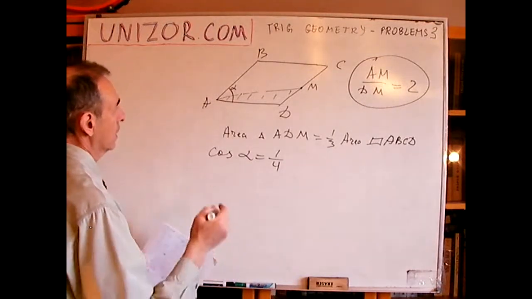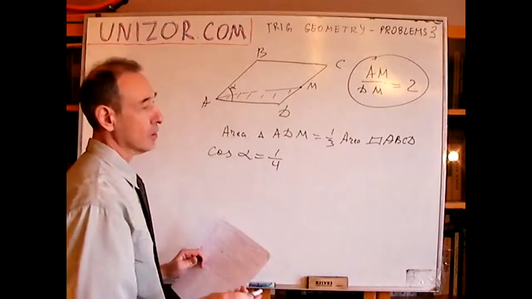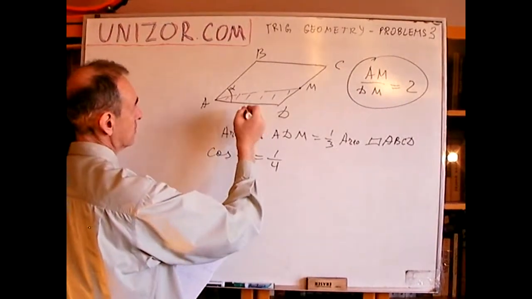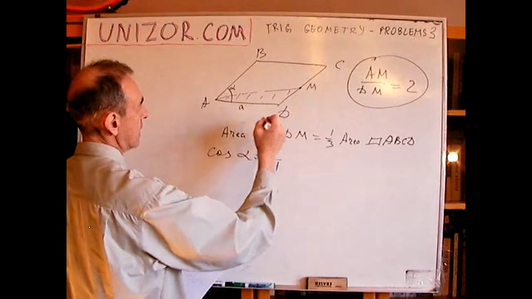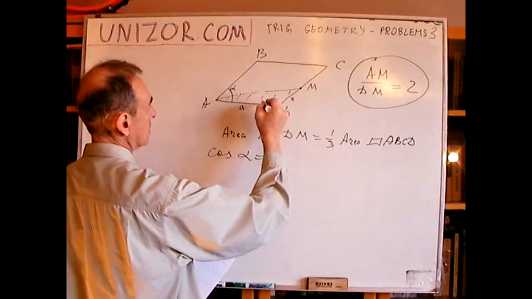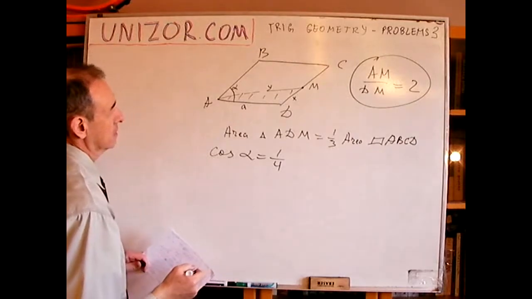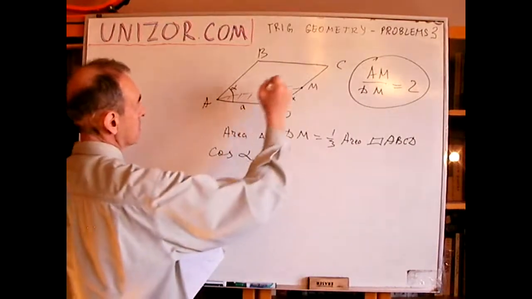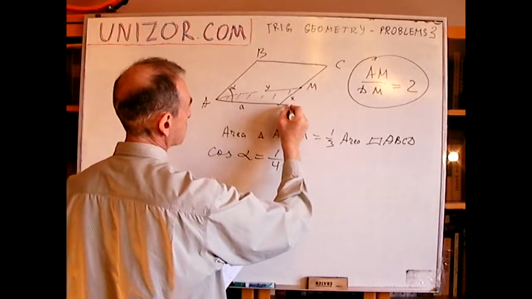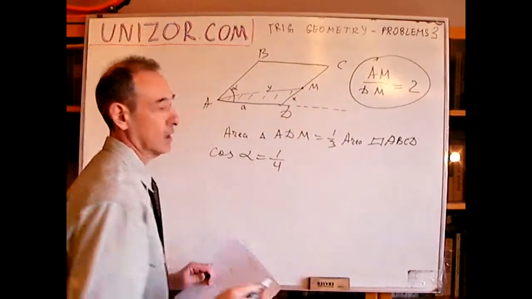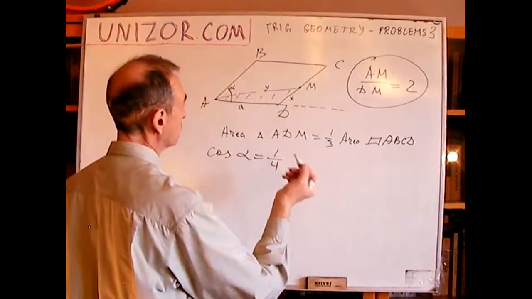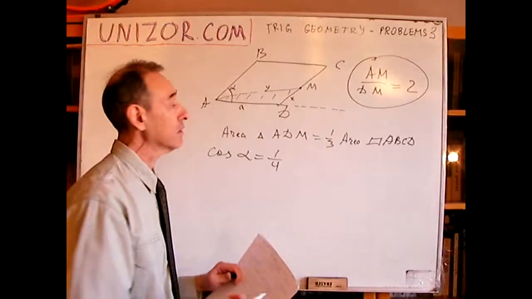All right. So what I'm going to do is I will put some abbreviations. Let's say this is A, this is X, this is Y. Now, what I will also do, since we are dealing with areas, I will need altitudes.